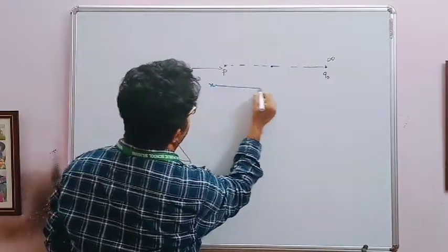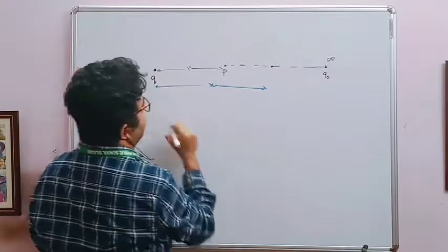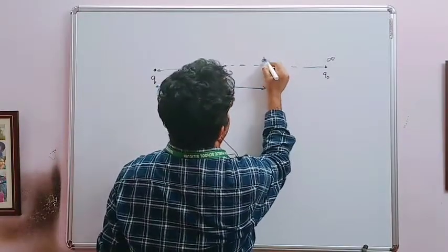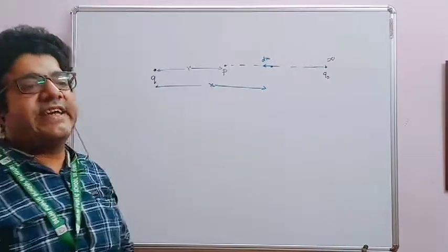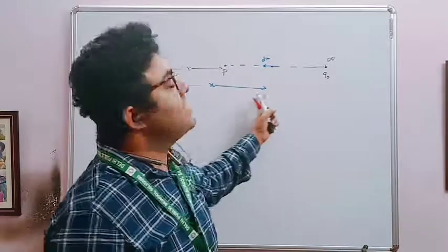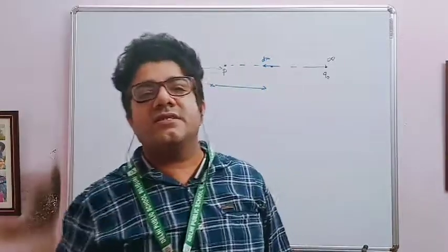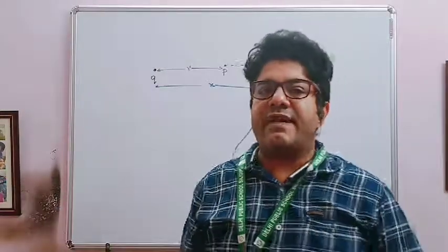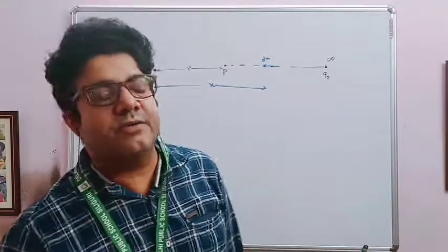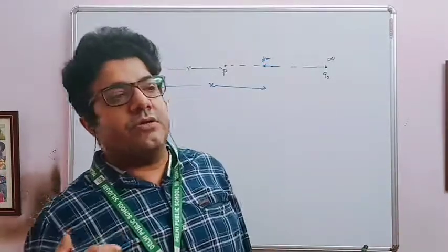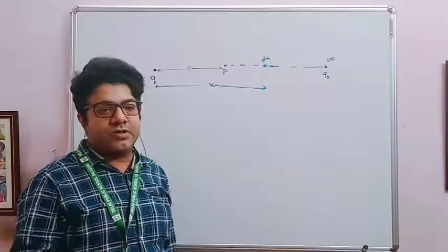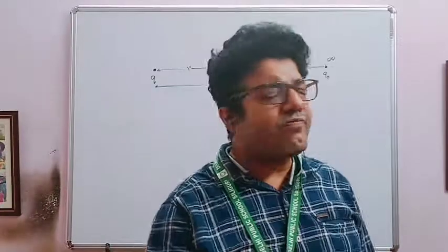a distance x from the charged particle, and suppose we further bring it dx distance. See here, distance is variable. As the distance is variable, force is variable, and as the force is variable, work done is variable. And whenever anything is variable, like force or work done, you have to use the help of integration.